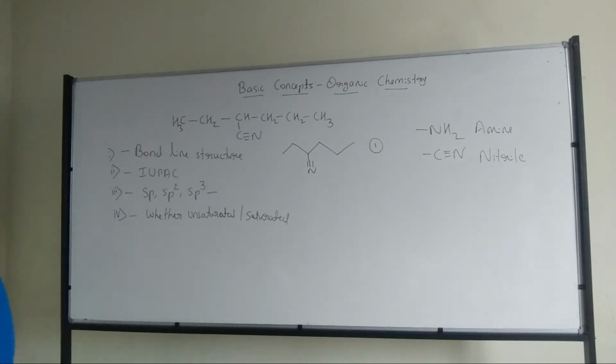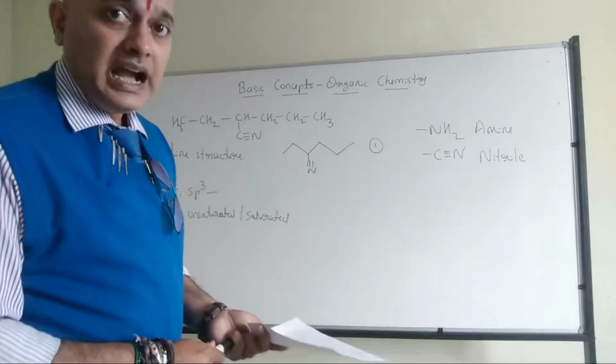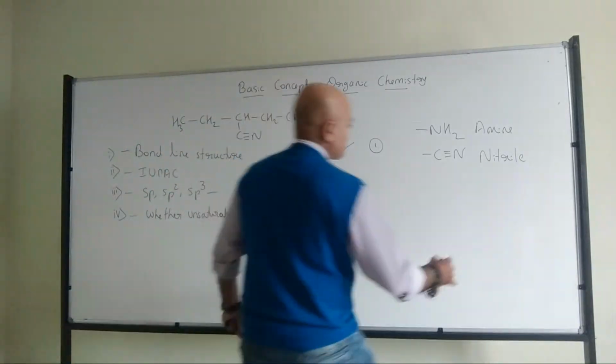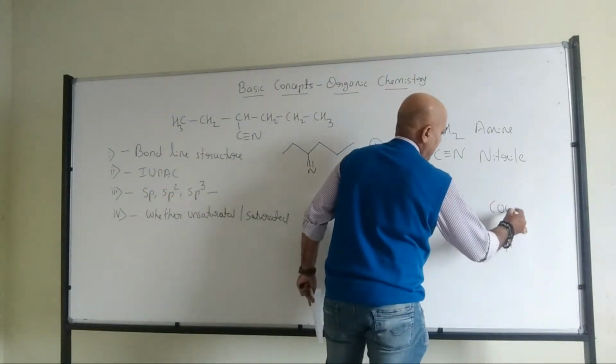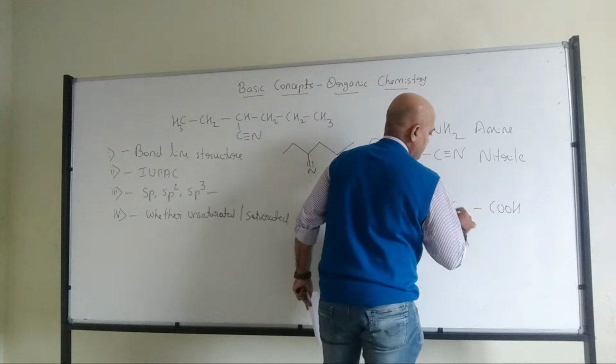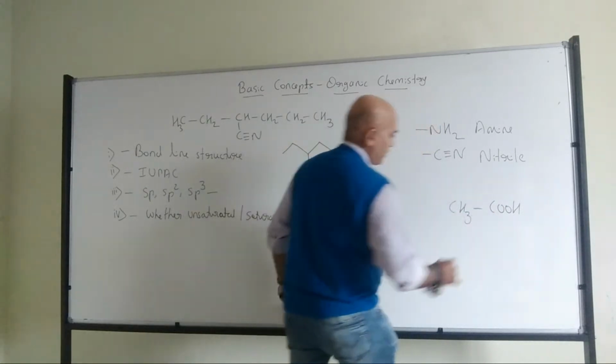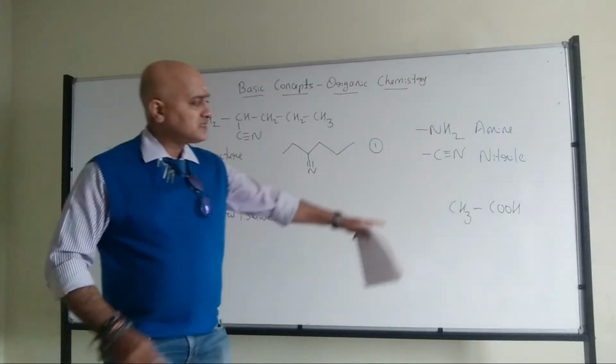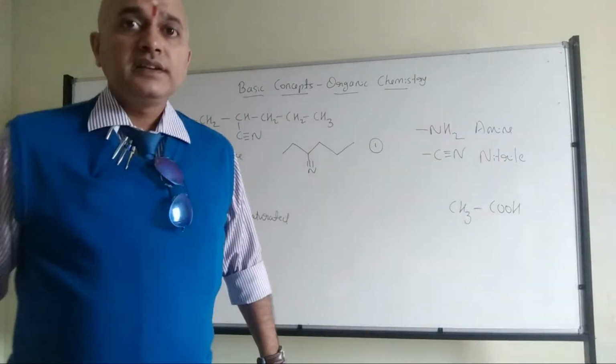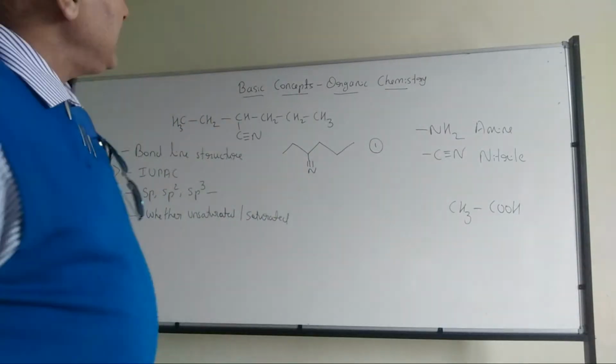Okay. Now, can you tell me the IUPAC name? I will give a hint with respect to this one. See, I have a compound. So what is the name of this molecule? 3-nitrile hexane?